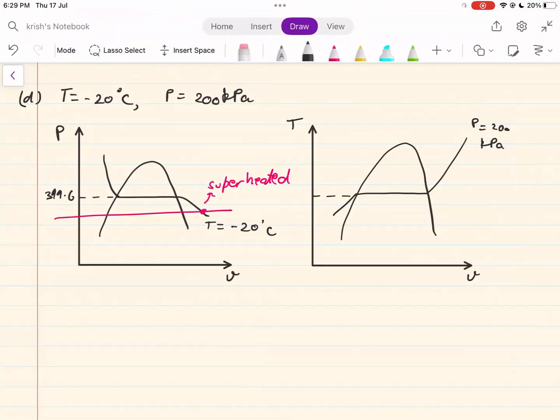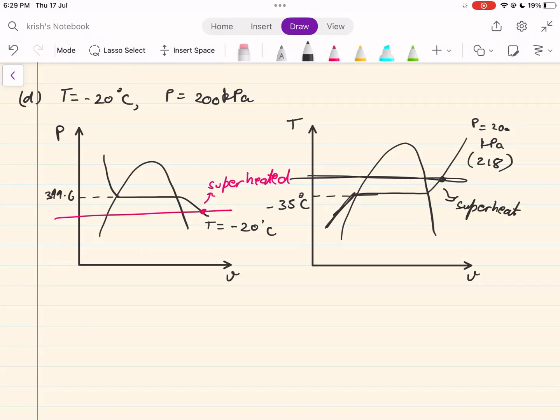And this temperature is negative 35 degrees Celsius. And we are lying above. Negative 20 is greater, my bad. We are lying over here.